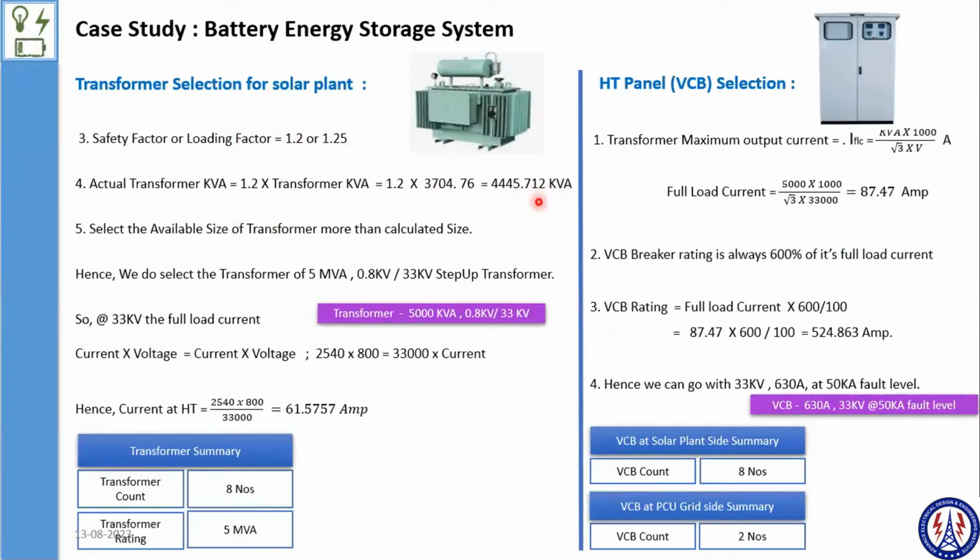So I go to the market and select the capacity of the transformer as a 5 MVA transformer, which is closest and nearly available in the market. So we do select the transformer of 5 MVA. On the LV side, it is 800 volt, and on the HV side, it's 33 kV. This type of transformer I do select.